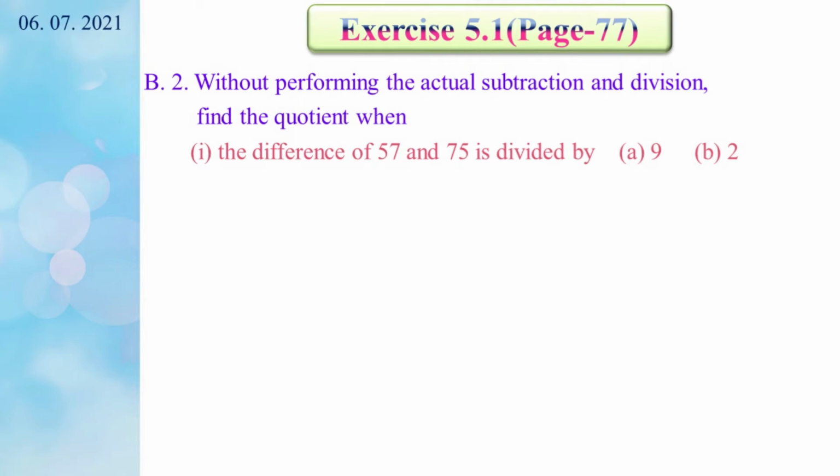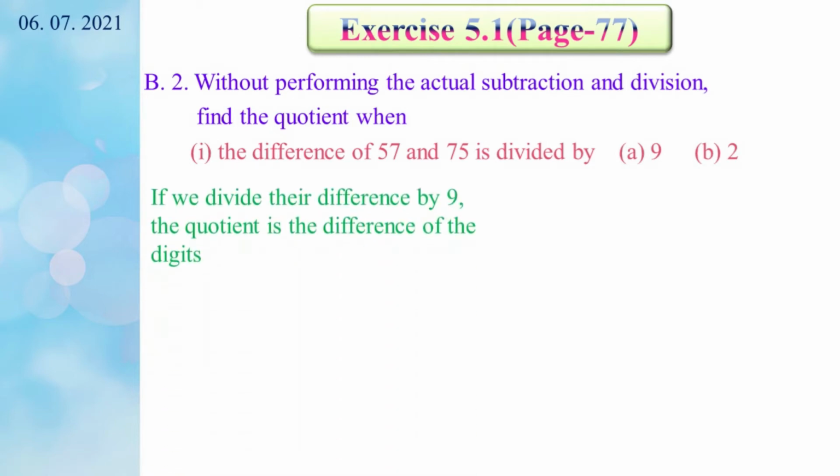57 and 75 are two numbers such that one can be obtained by interchanging the digits of the other. If we divide their difference by 9, the quotient is the difference of the digits. 75 minus 57 is divided by 9. 75 minus 57 will get 18. 18 by 9, what is the answer?